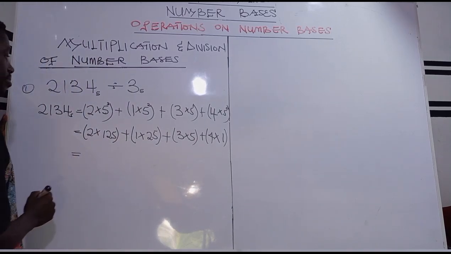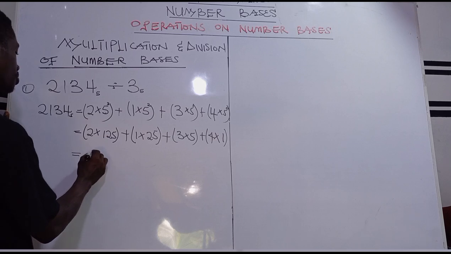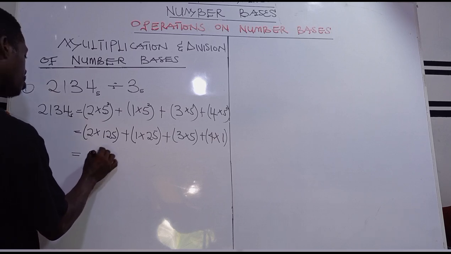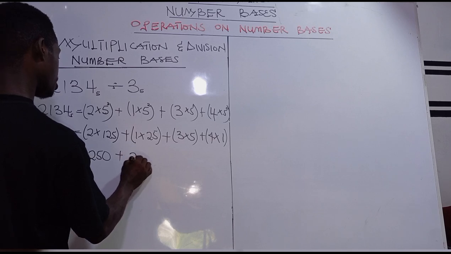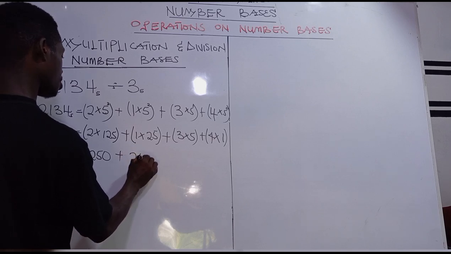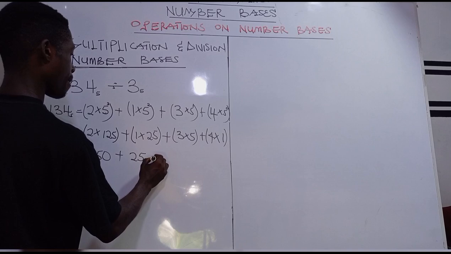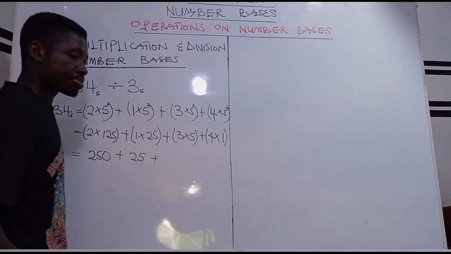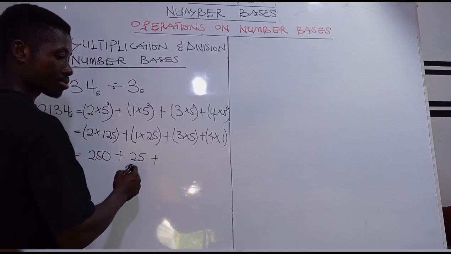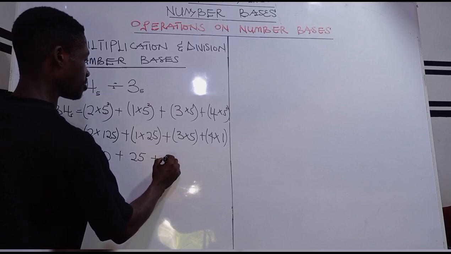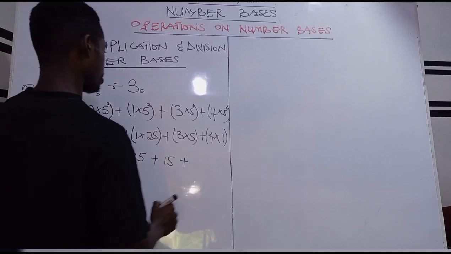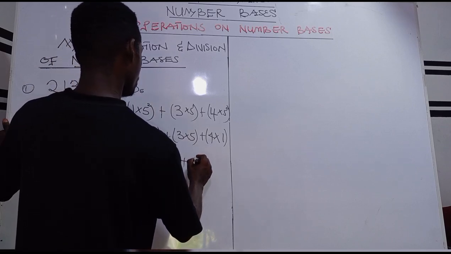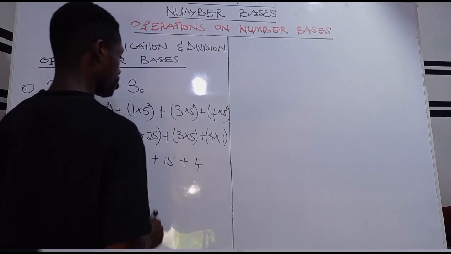So what is left is simplification. 2 times 125 will give us 250. 1 times 25 will give us 25, plus 3 times 5 will give us 15, plus 4 times 1 will give us 4.